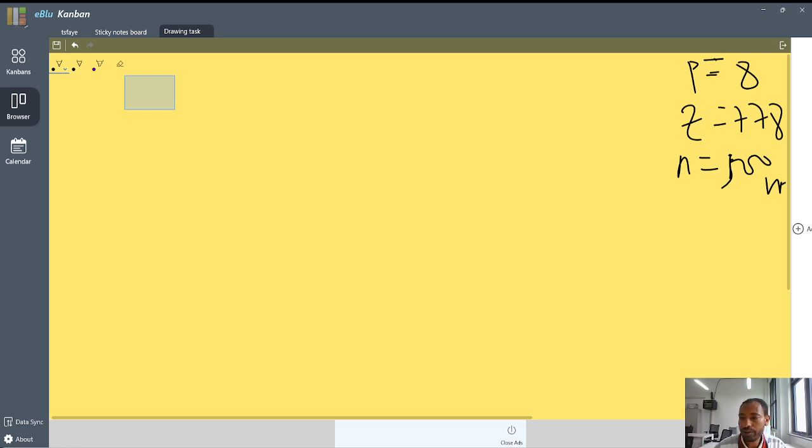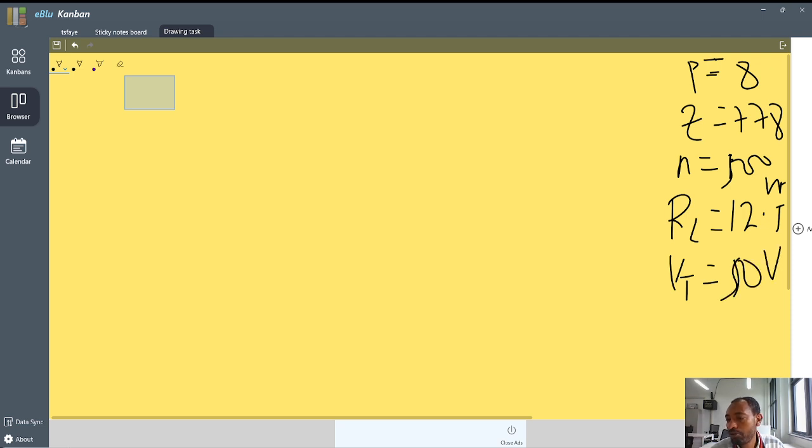The load resistance RL of the generator is 12.5 ohm, and the terminal voltage is given, 50 volt, and RF is also given, 250 ohm.